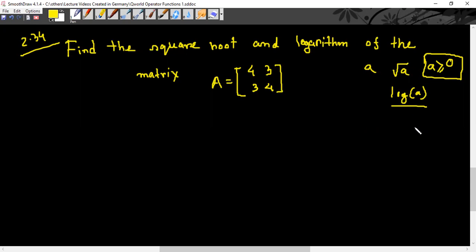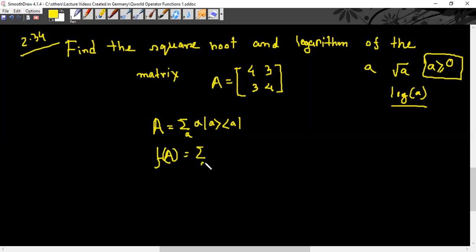But what about matrix? So we are told to calculate the square root and logarithm of the matrix. So how is this possible? So remember, in the last video or last two videos, we talked about this spectral decomposition. If A is a normal operator, then it can be written in terms of this spectral decomposition, and you can also define a function of the operator like this.